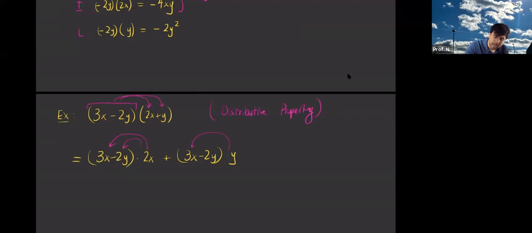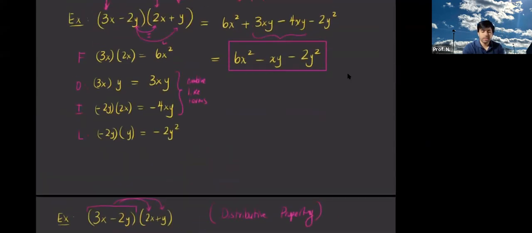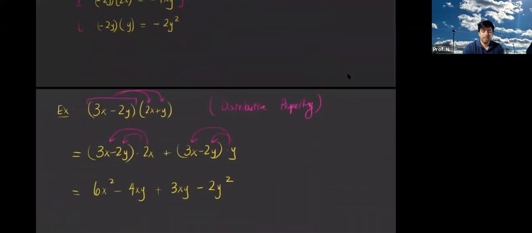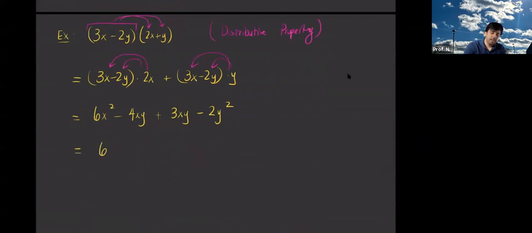I'm going to distribute that. And this equals 6x squared minus 4xy plus 3xy minus 2y squared. And if you notice, we get the same exact terms. And we get 6x squared minus xy minus 2y squared.